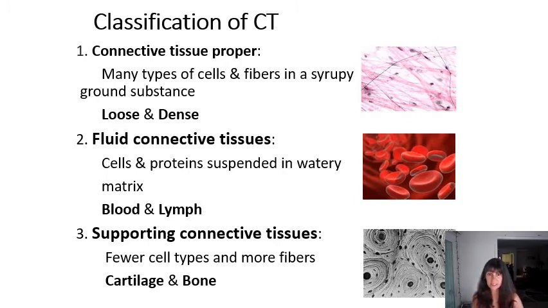We'll look more closely at those. We also have fluid connective tissues where cells and proteins are suspended in a watery matrix. This includes blood and lymphatic fluid. Those are both fluid connective tissues. And then we have supporting connective tissues where there are fewer cell types, more fibers, and we see this in cartilage and bone.